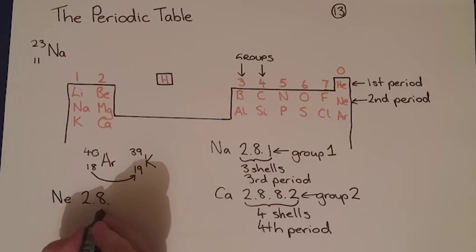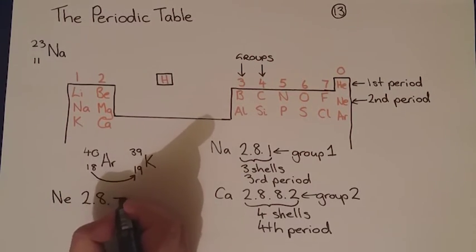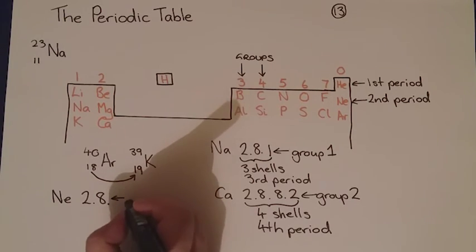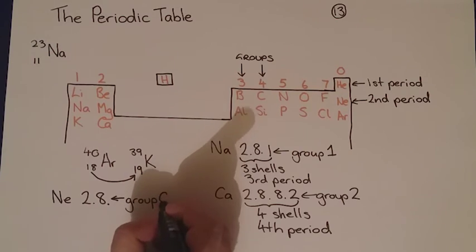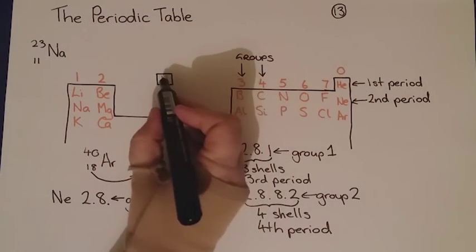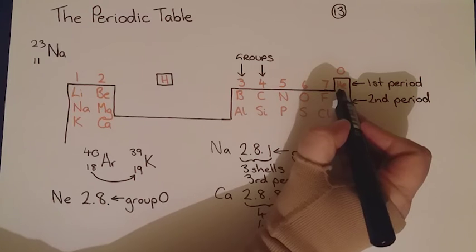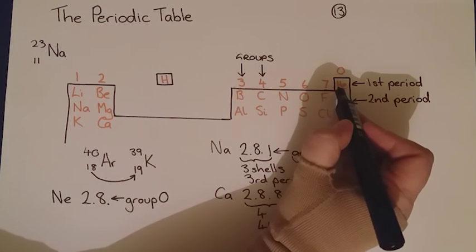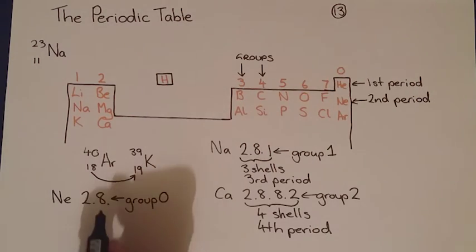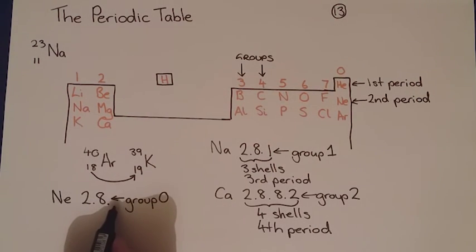The final shell on neon is full, and that effectively is what group 0 means. We can't call it group 8 because helium has a full outer shell, but it only has 2 in. So scientists use group 0 because we imagine that the next shell is ready and waiting with 0 electrons in.